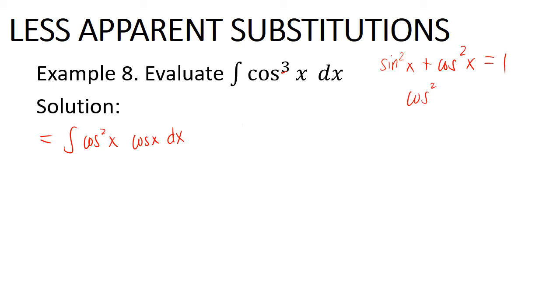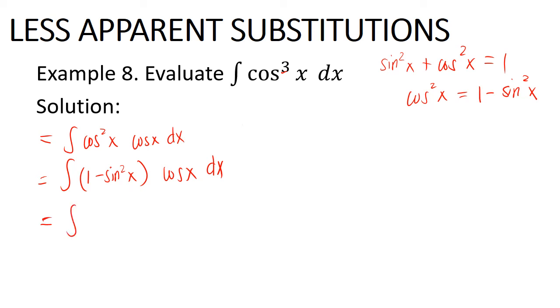Pag sinolve ko si cosine squared x dito, equal lang yun sa 1 minus sine squared x. So, pwede ko lang palitan. So, yung integral ko magiging integral ng 1 minus sine squared x cosine x dx.